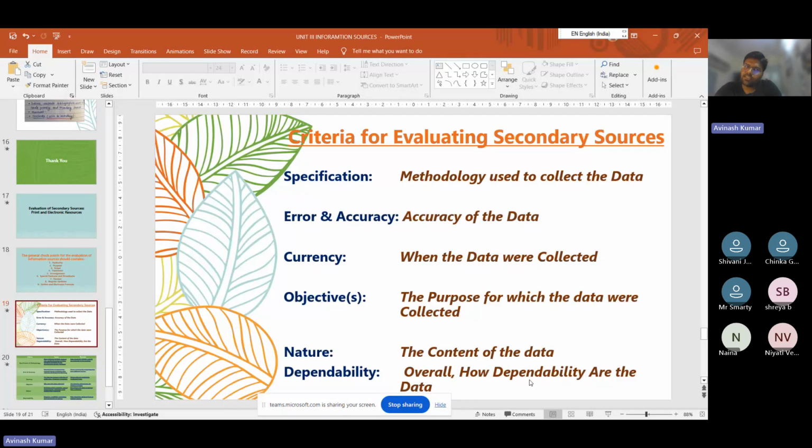So you should understand whether this data is useful for the future. It means this data is dependable for me, so I recognize that information, and then we can use it for further research. This is dependability. So these are the criteria of evaluation of secondary sources.